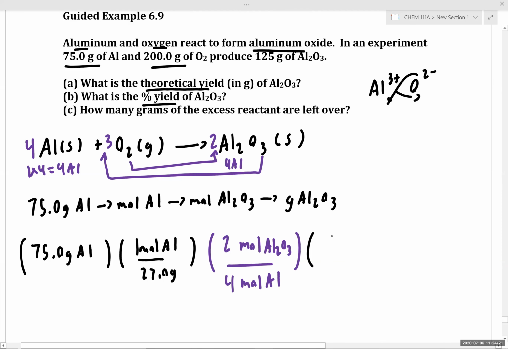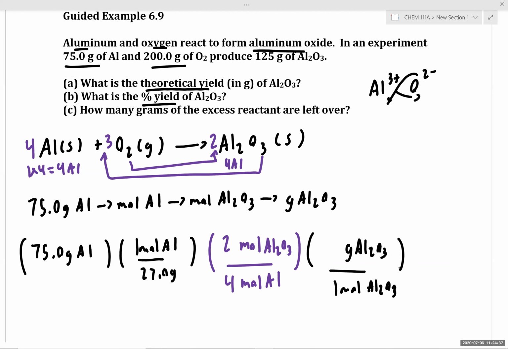we then have to convert the moles of aluminum oxide to grams. How many grams of aluminum oxide are present in 1 mole of aluminum oxide? What is the molar mass of aluminum oxide?